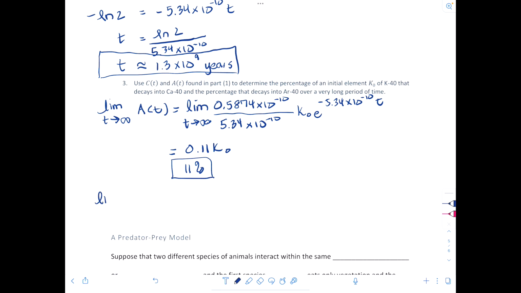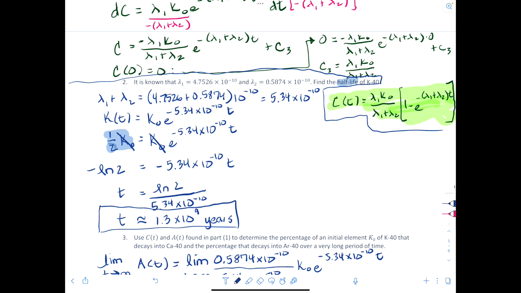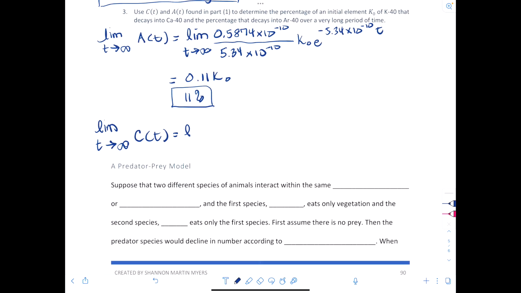And then taking the limit as t approaches infinity of C at T, well, this time we've got lambda, where was our C at T? Lambda 1 in the numerator. So we'll get the limit as t approaches infinity of lambda 1, which was 4.7526 times 10 to the negative 10.